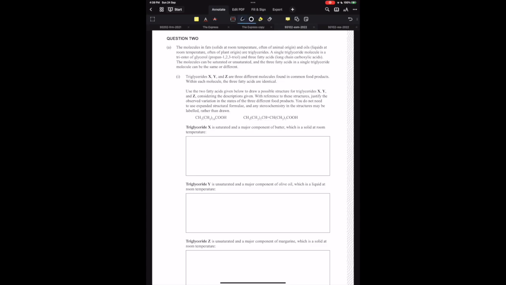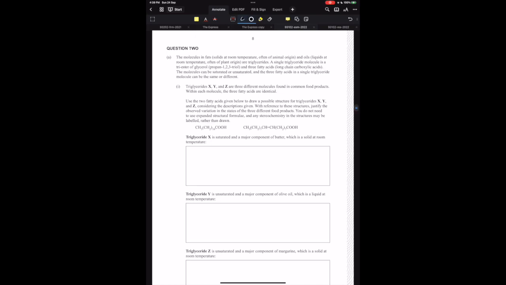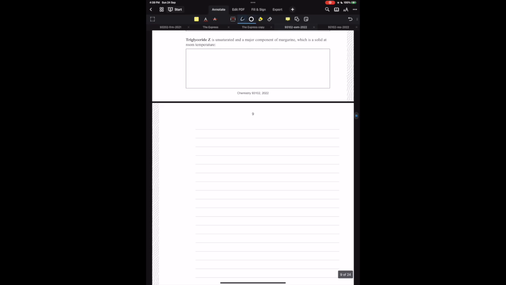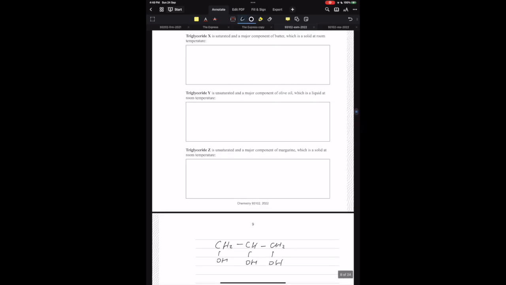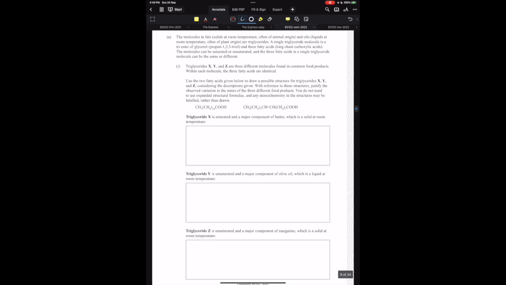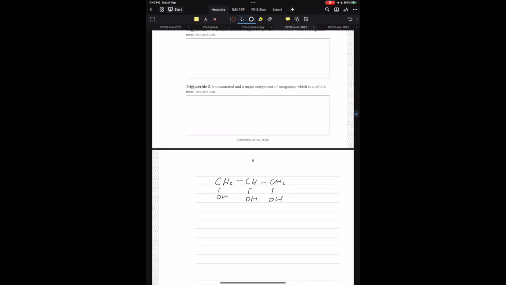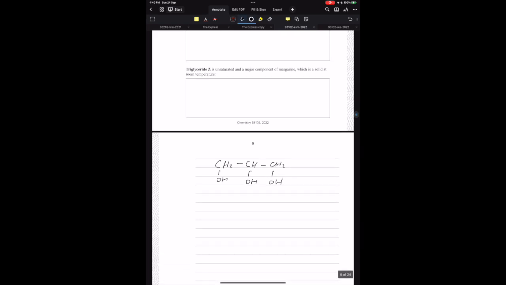So then you'd have the triglyceride, and glycerol is CH2, CH, CH2, and then with OHs, because they tell you it's propan-1,2,3-triol. And then the triglyceride would simply be an ester of these alcohol groups.